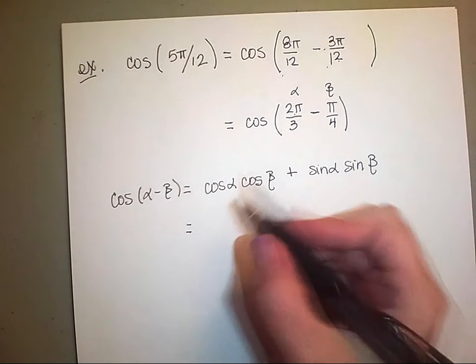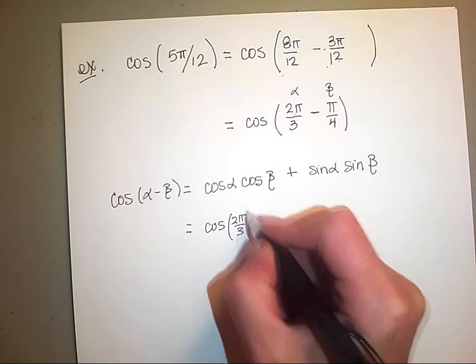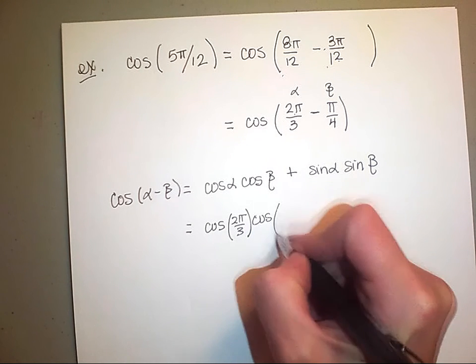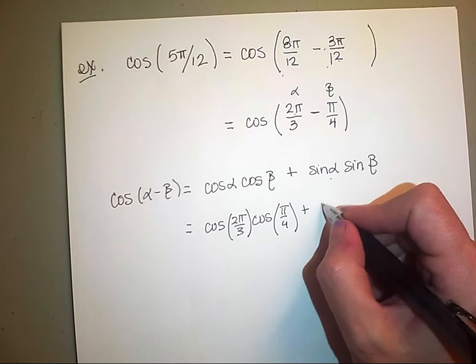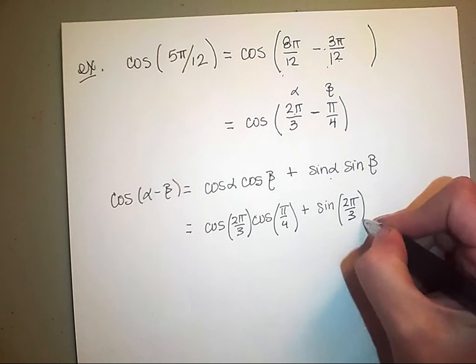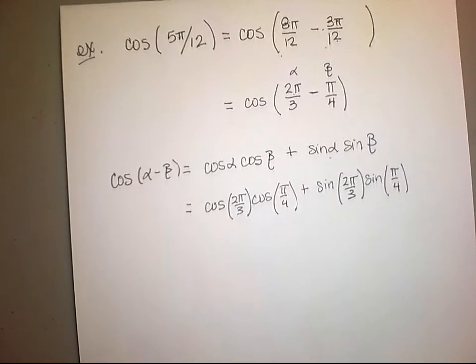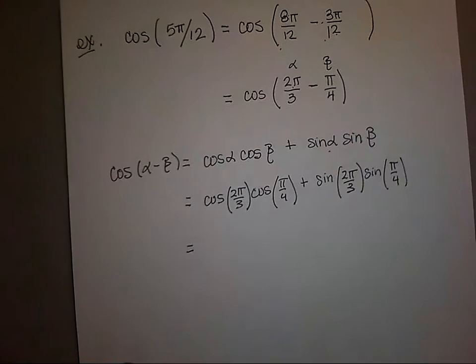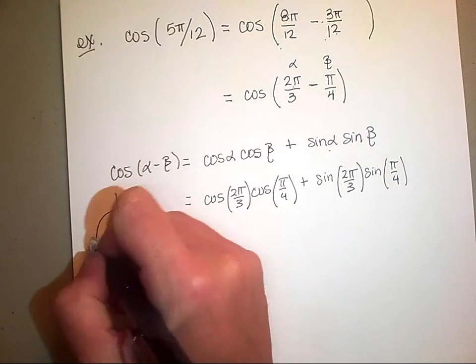So here we go. The cosine of alpha is 2 pi over 3, cosine of beta is pi over 4, plus the sine of alpha, which is 2 pi over 3, the sine of beta, which is pi over 4.